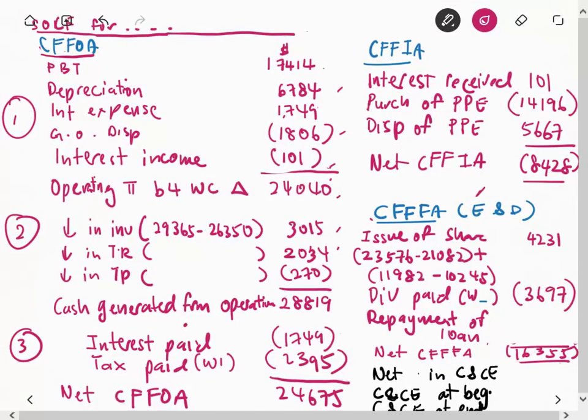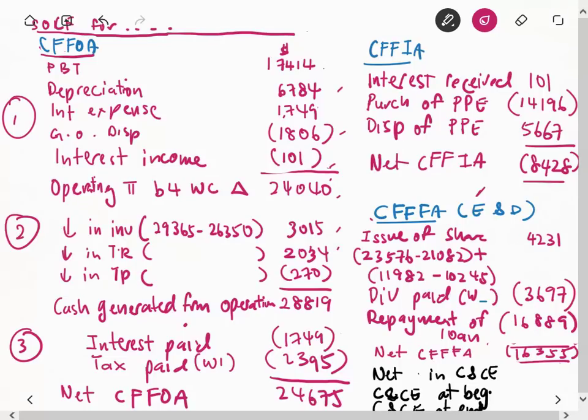I got no space here, but you should show bracket working: 22 minus whatever. So repayment of 16889 bracket. Is it okay?